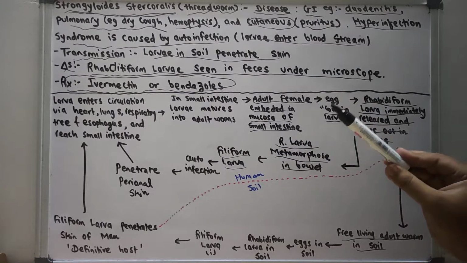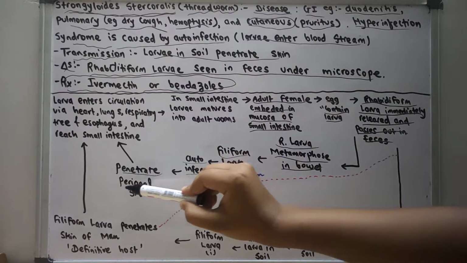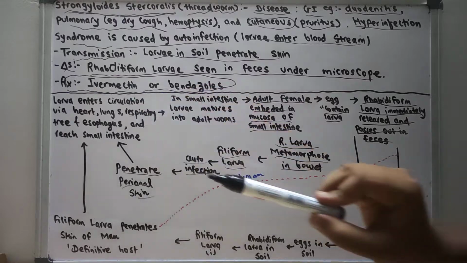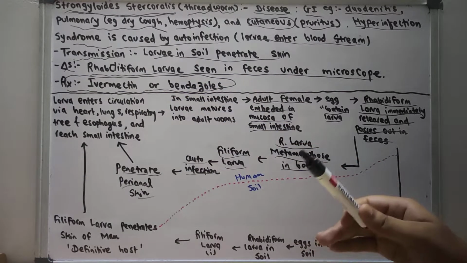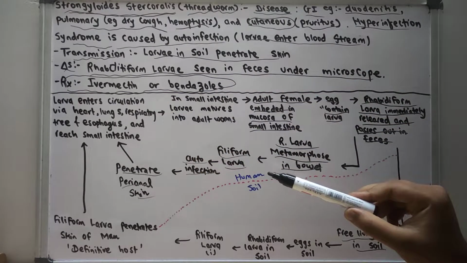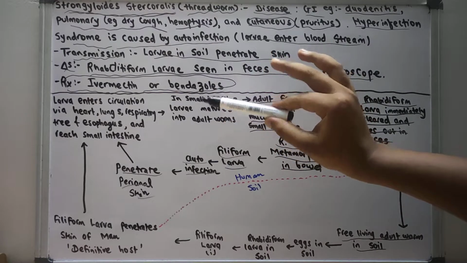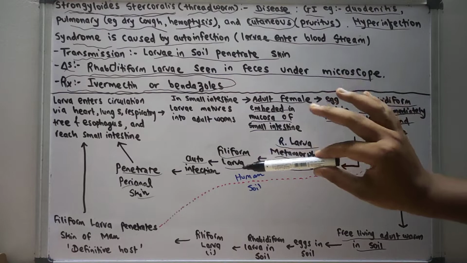From that filiform larva, autoinfection happens, and it penetrates the perianal skin and goes to the circulation via the heart, lungs, and respiratory tract and esophagus, and it again reaches the small intestine, where the rhabditiform larva matures into the adult worms. This is the human cycle.